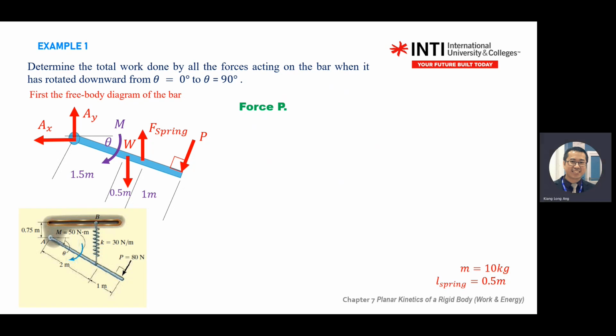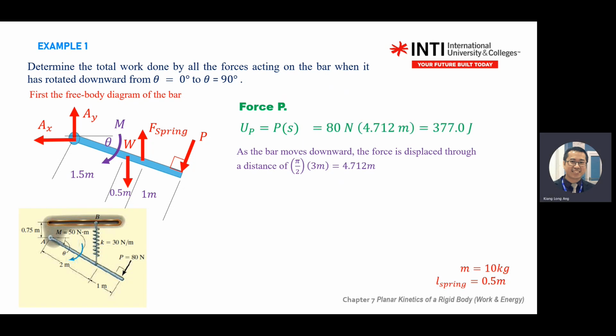So your P is here, at the end, and always perpendicular. P times what? Distance traveled. But you must use radian. So F times the S here. How do you find the arc length? R theta, where theta here is 90 degree. 90 degree in radian is what? Pi over 2.